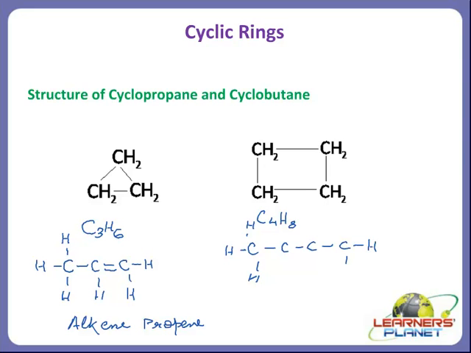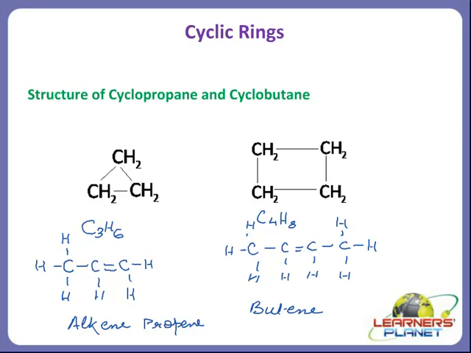So what we can do is we can put the double bond to any of the carbon atoms. The only thing you have to keep in mind is that carbon should be tetravalent. In any of your structures, carbon should not be pentavalent or trivalent. So what is this? This is an alkene. So its name would be butene.